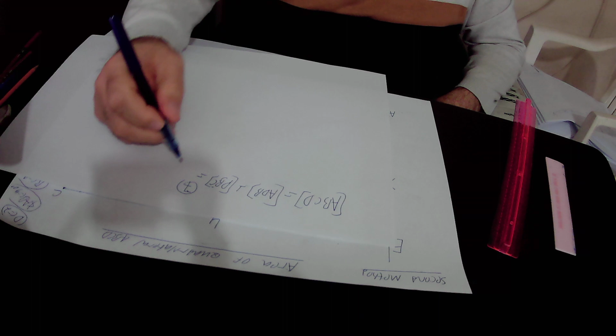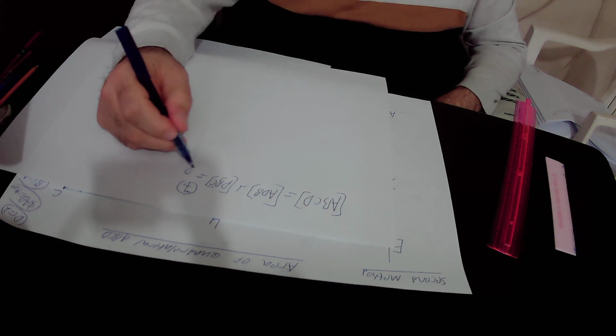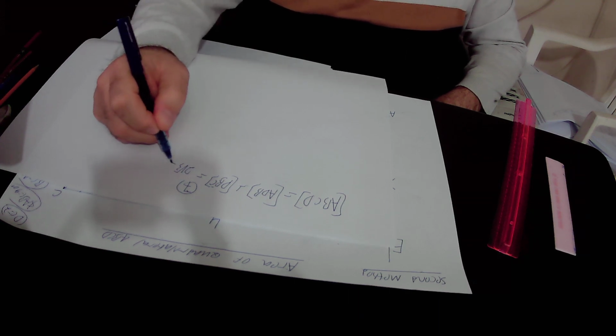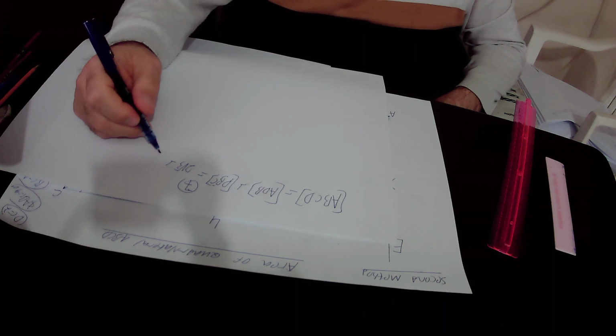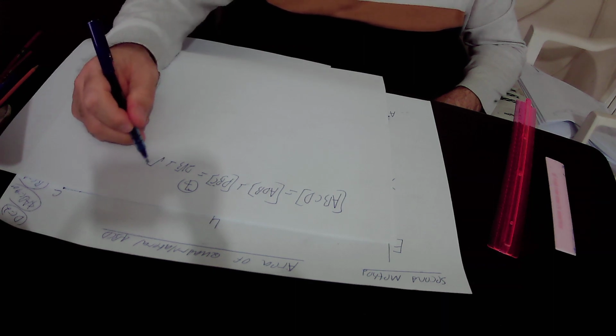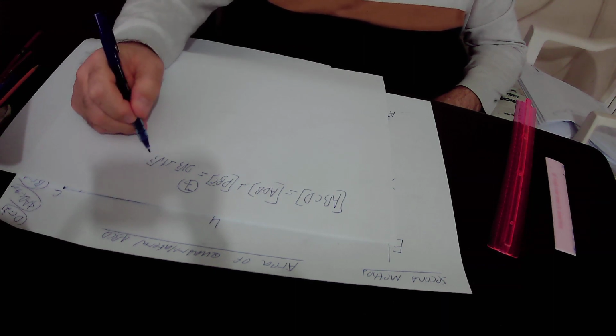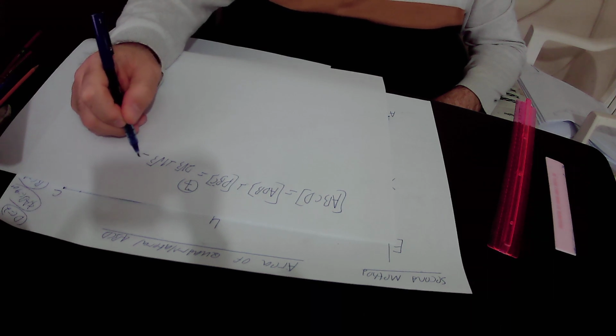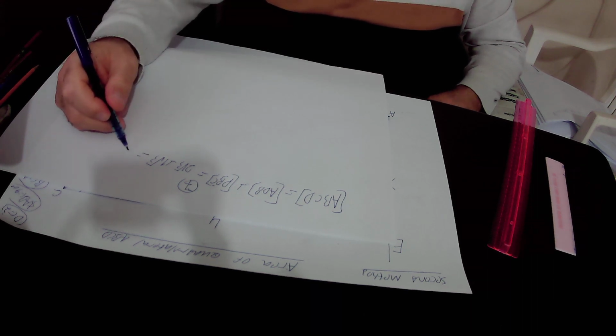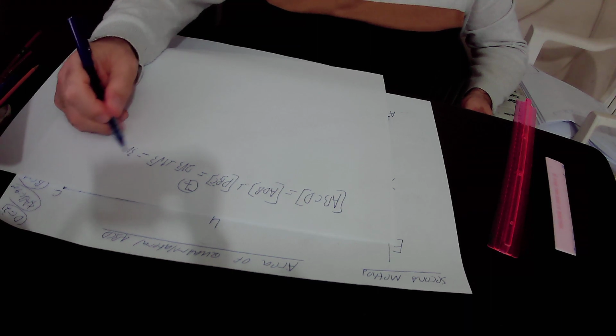We've already found out that the area of triangle ADB is 2 times square root of 3 units, plus the area of triangle DBC, which is 1 times square root of 3 units. So 2 times square root of 3 units plus 1 times square root of 3 units is 3 times square root of 3 units.